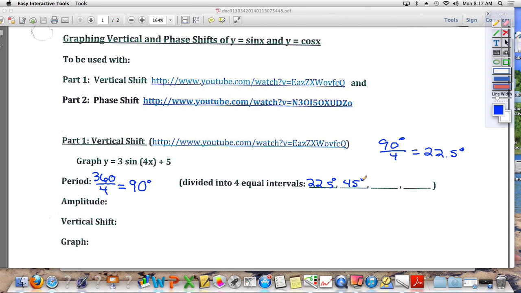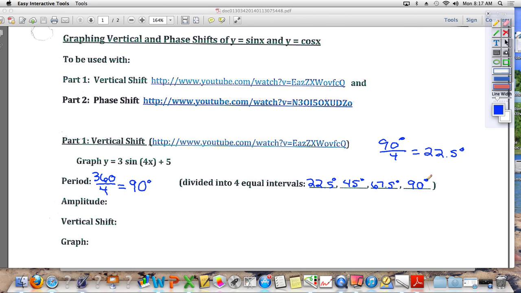Another 22.5 degrees gets you to 67.5 degrees. And if you add another 22.5 degrees, you end up at 90 degrees. So 22.5, 45, 67.5, and 90. What am I missing? You're supposed to have 5 key points and there are only 4 values there. I didn't include 0. So if you want to squeeze 0 in there too, you can certainly do that.